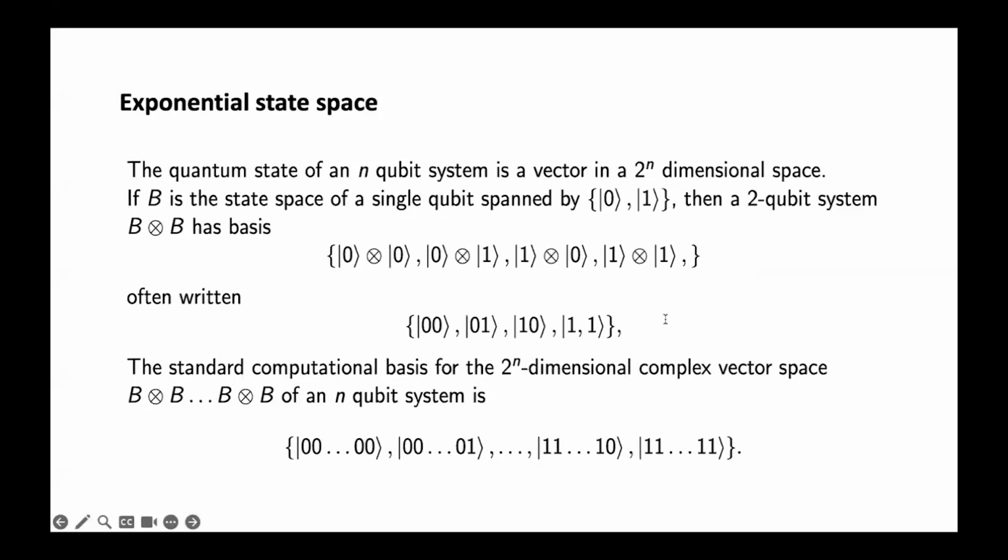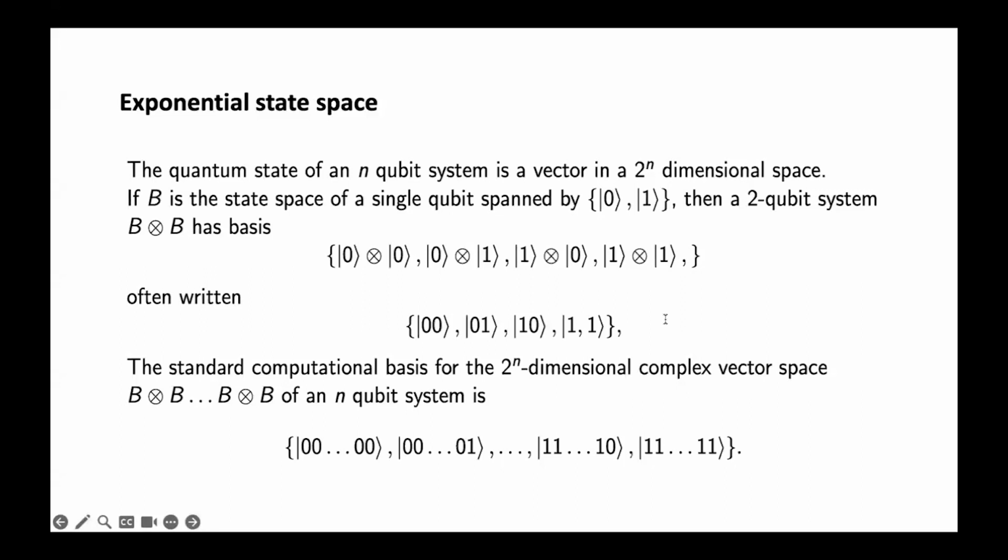Let's consider now the quantum state of an n-qubit system. This is a vector in a 2 to the power n dimensional space. In the classical space, we have 2 times n parameters.